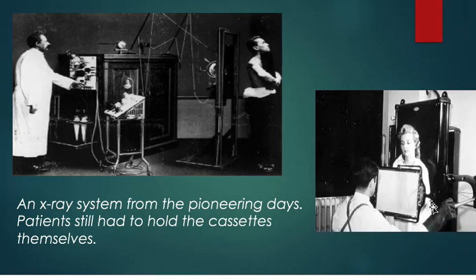If you notice, he's got a lead glove, so he's protecting his hand, but his face is right here. The radiation source is coming through the patient and coming right out on this film here. So all of that extra radiation that's passing by that film is going right to him.